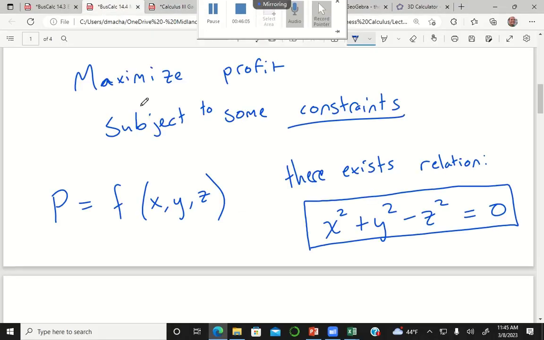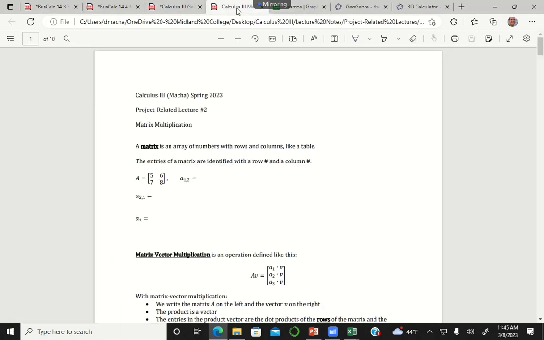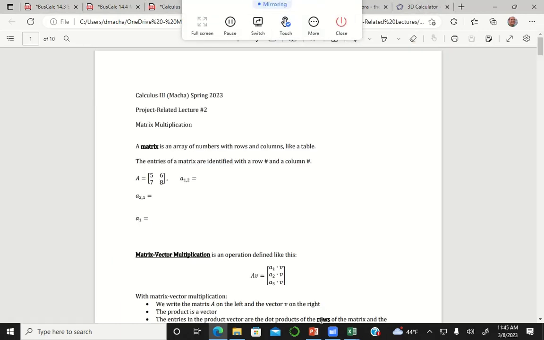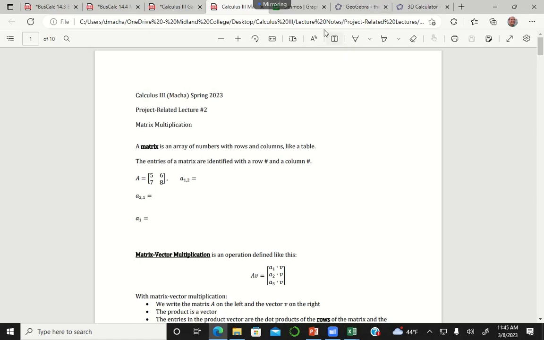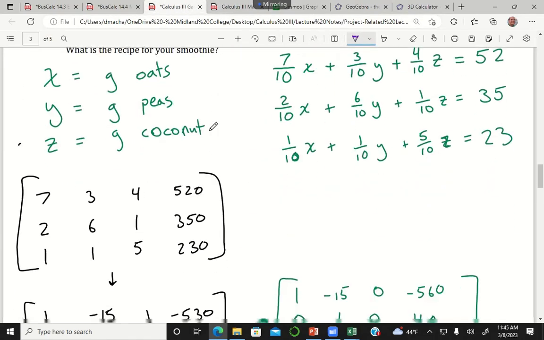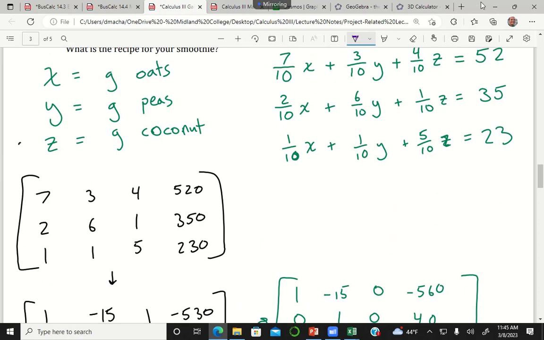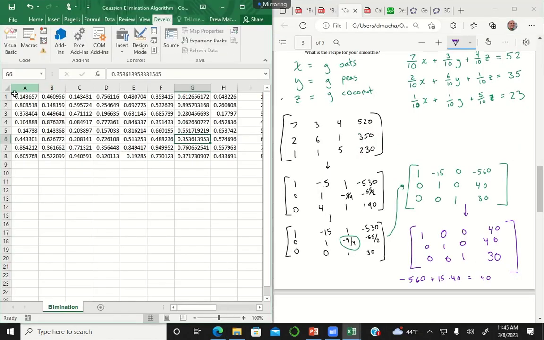And, okay, where were we at in my notes? The augmented matrix we started out with was 7, 3, 4, $520, 261, 350, 115, 230.